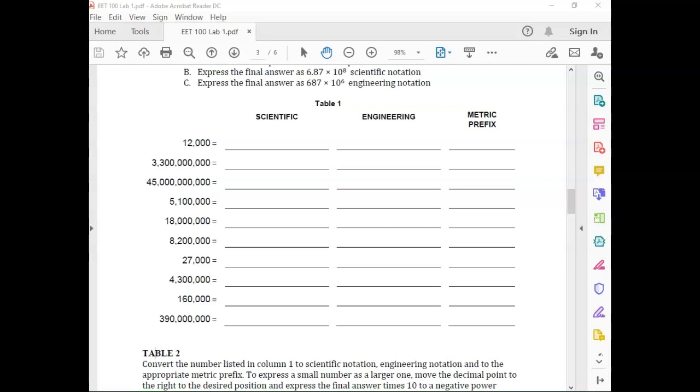All right, so what if I was to give you the number? See if I can make this a little more challenging. I'll just do the second one then. So we have 3,300,000,000.